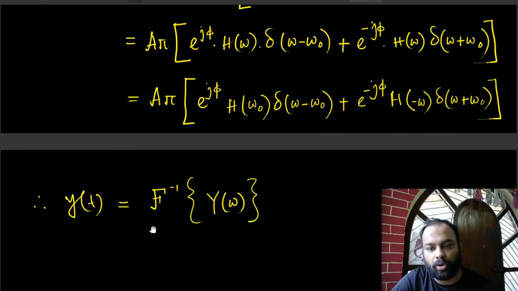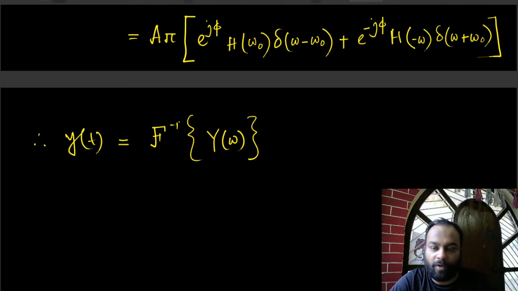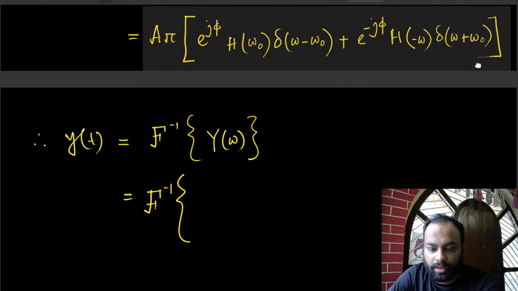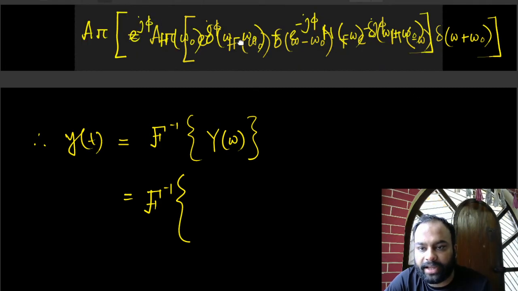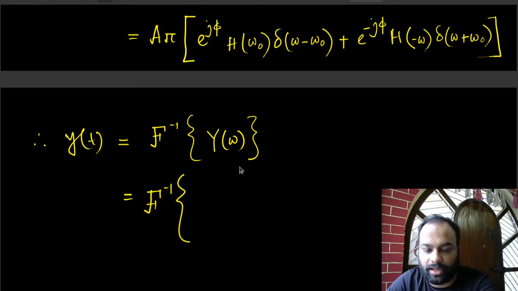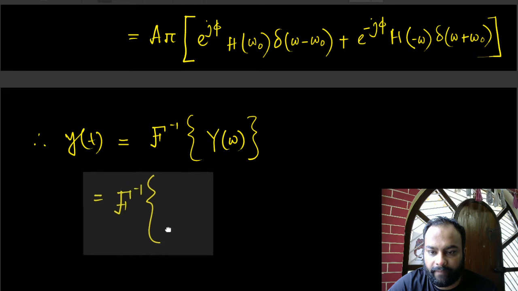So the inverse Fourier transform on this whole thing. So let's apply that. Inverse Fourier transform on this entire story here, whatever I have here. So if I take this, bring it here, pull it down here, and it's going beyond the, hold on.